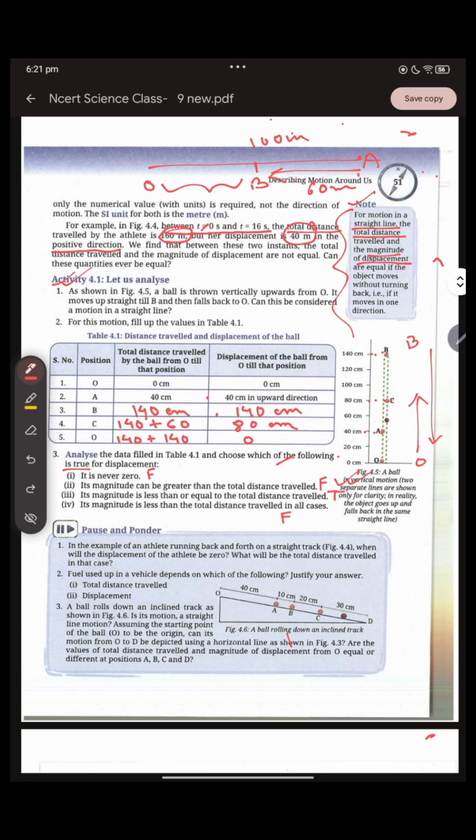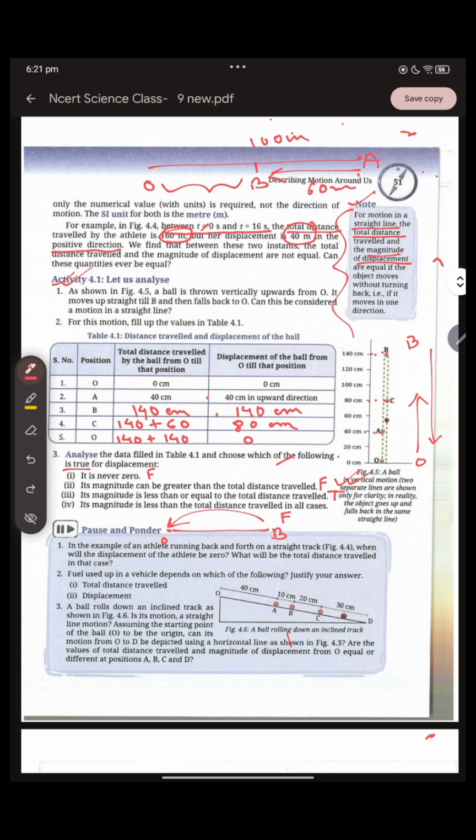Now, in the example of an athlete running back and forth on a straight track, the previous case, when will the displacement of the athlete be 0? Obviously, if the athlete is returning to the position, say if it has started from O to B and returns to O, then only it will be 0 displacement. And what will be the total distance traveled?